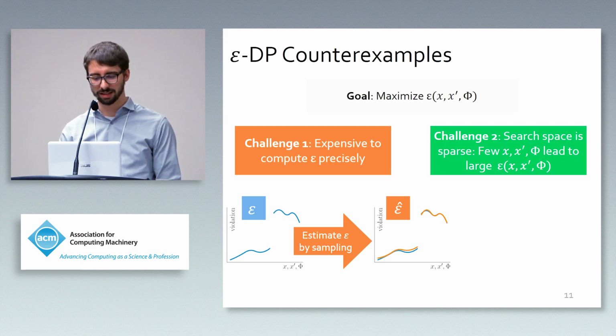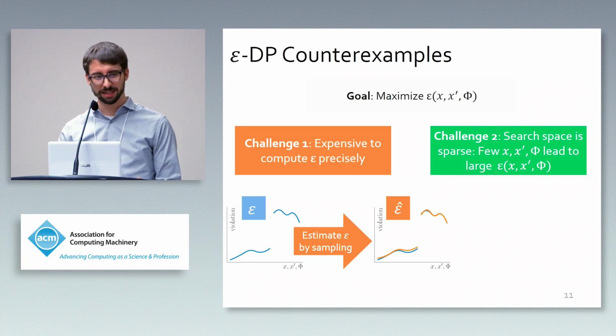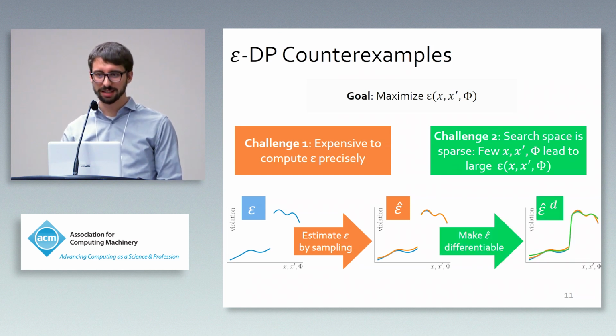This means that the search space is sparse, meaning that only few triples actually lead to a large violation. And the way we address this challenge is by replacing the estimate by a differentiable version of it, which allows us to then use off-the-shelf numerical optimization to gradually improve the counterexamples we're seeing.